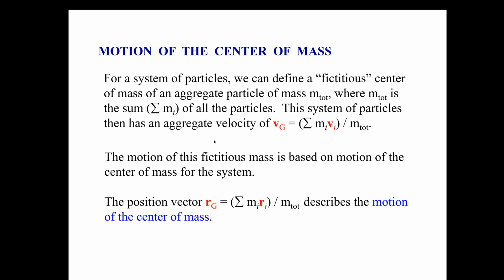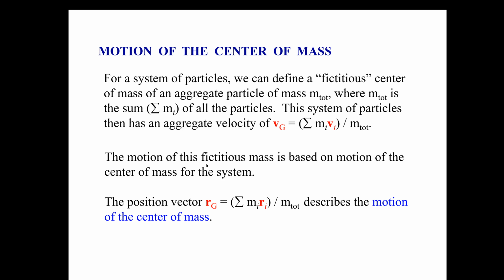One of the things we could do for a system of particles is define a center of mass, or aggregate particle of mass m total, where m total is the sum of all the particles. So we could come up with an aggregate velocity, right? We have the momentums of the individual masses divided by the mass of the total system, and we can come up with an aggregate velocity of the system of particles.